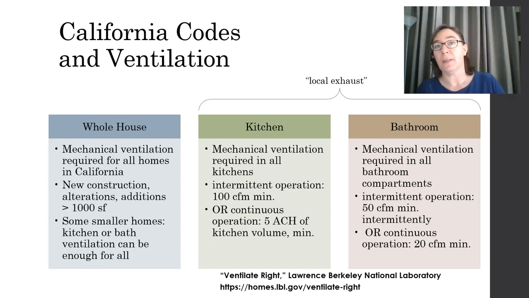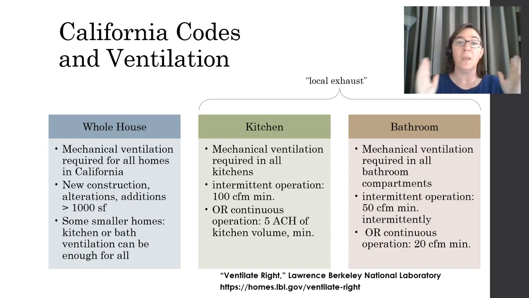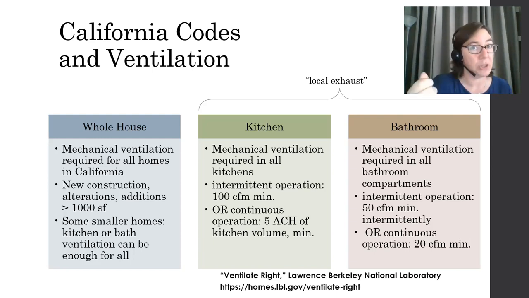The other one, local exhaust, has specific requirements for kitchen and bathroom. For kitchens, mechanical ventilation is required in all kitchens. It can be either intermittent, you turn it on with a switch, or continuous. And there are minimum code requirements for each of those. For the bathroom, again, mechanical ventilation is required in all bathroom compartments.